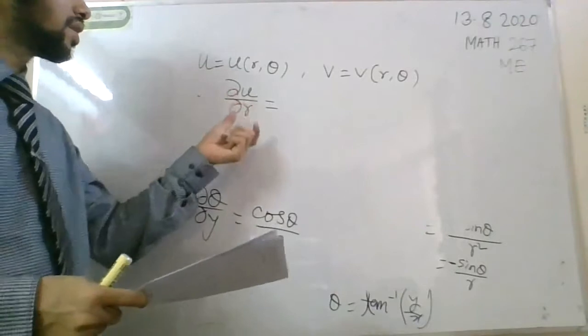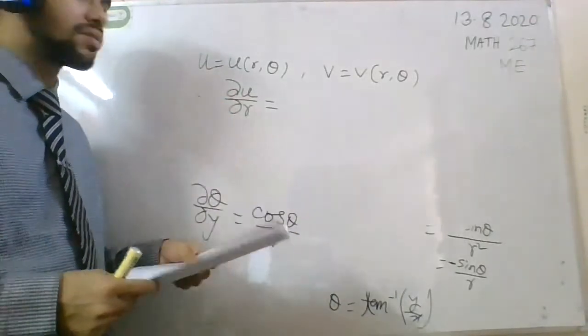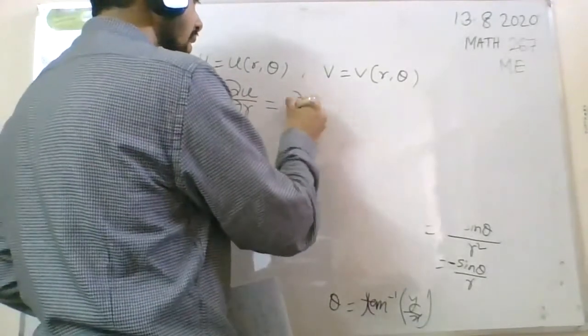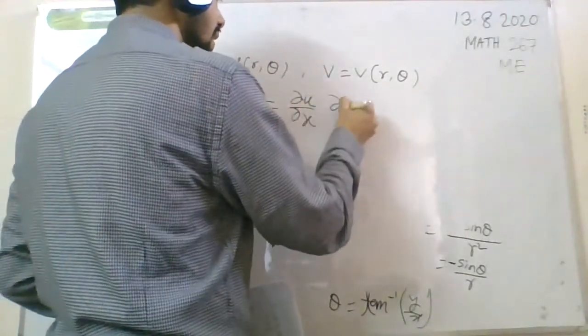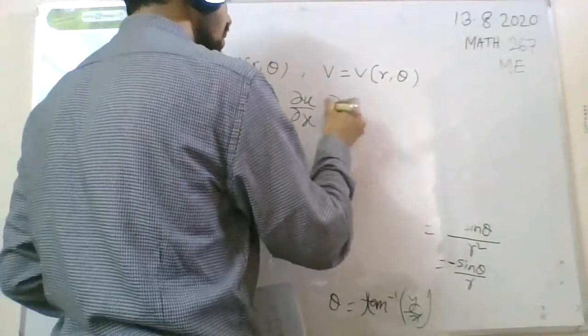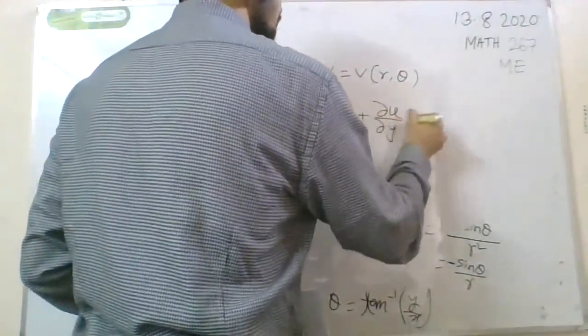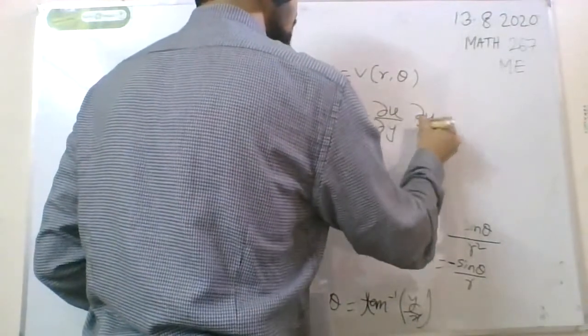Okay, so here if you partially differentiate u with respect to r, you can say del u by del x times del x by del r, and here del u by del y times del y by del r.